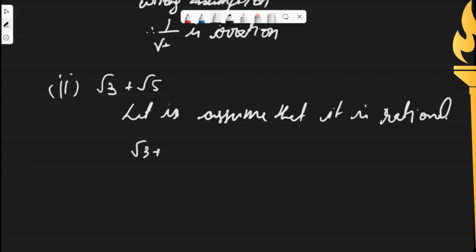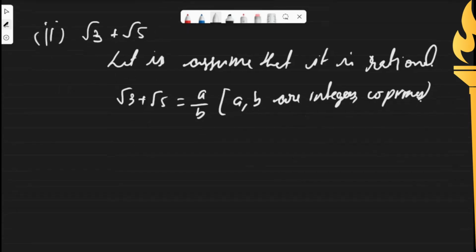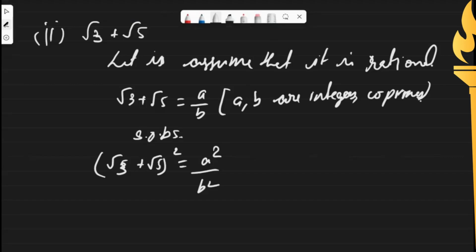So root 3 plus root 5 will be equal to a by b, where a and b are integers and co-primes. So let's square on both sides. We will get root 3 plus root 5 whole square is equal to a square by b square.